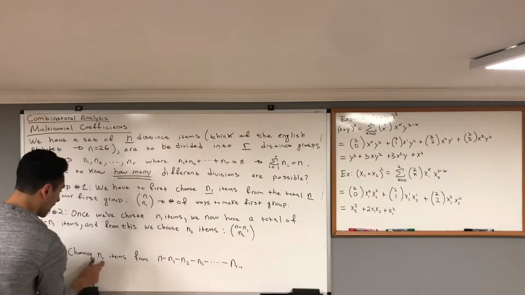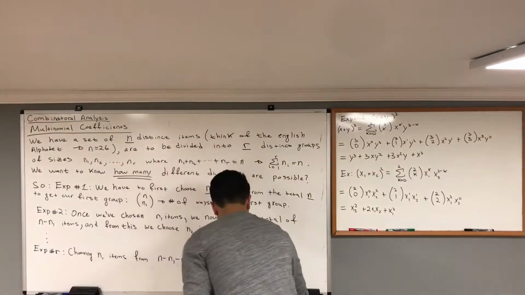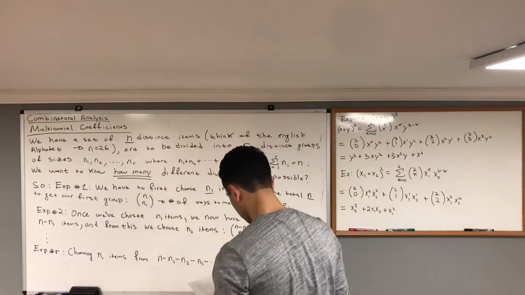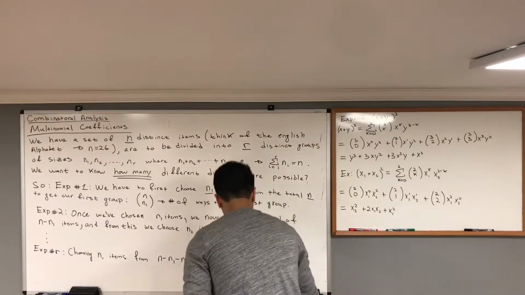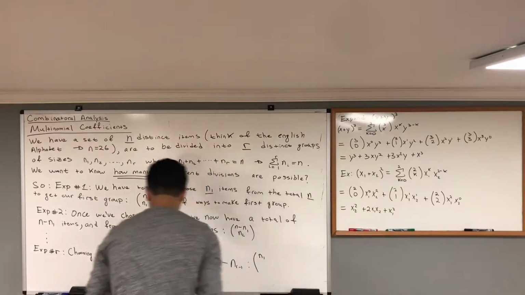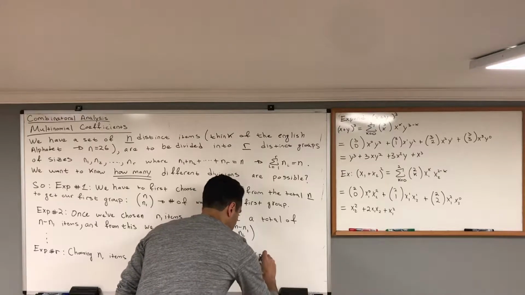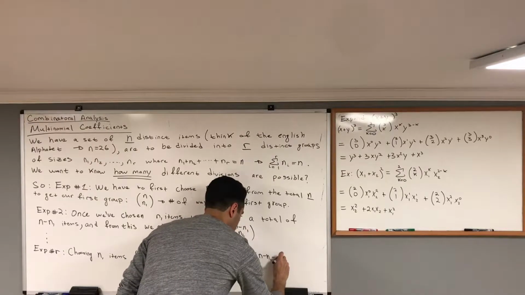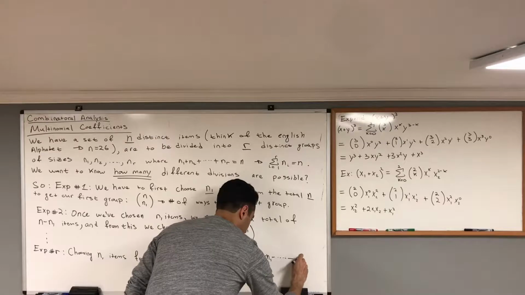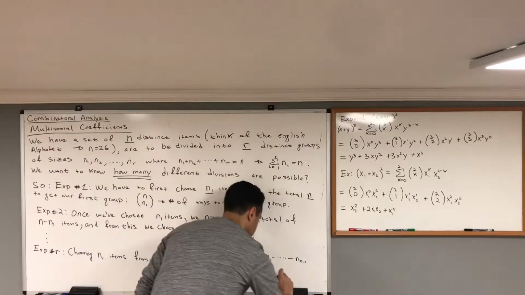And you're choosing nr items from this entire new list. So my new total is this. I'll just rewrite it, sorry. n minus n1 minus all the way until you subtract off the last items. And you're choosing nr items from this new total.